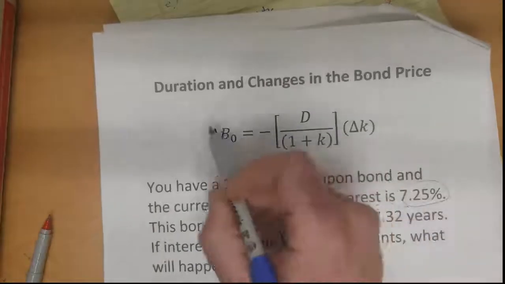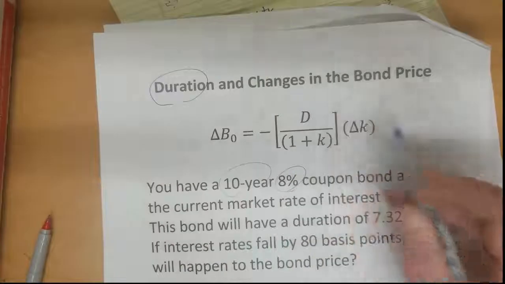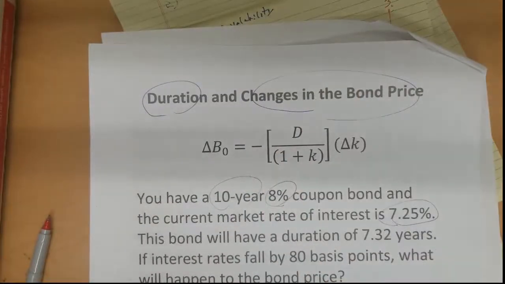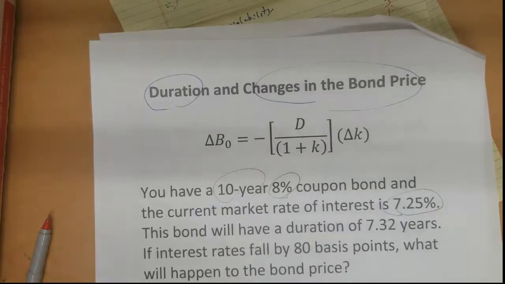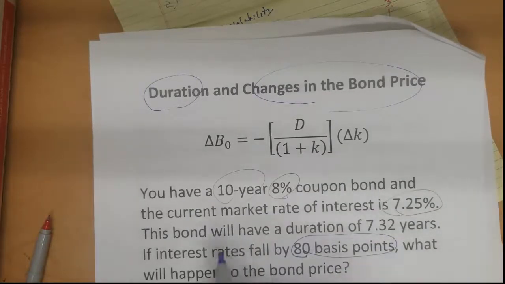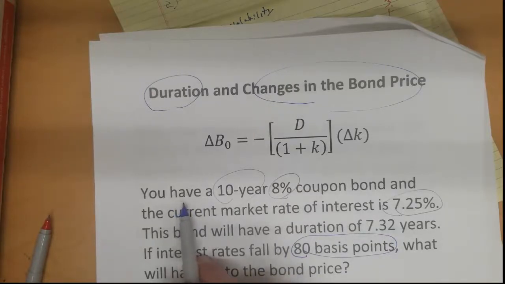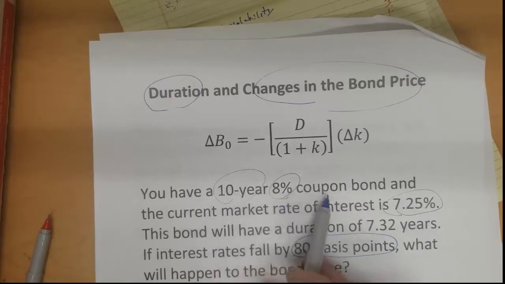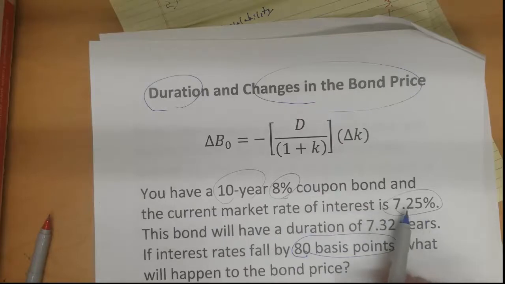You guys, I just want to touch a little more on duration and changes in the bond price. I wanted to go through this problem real quick, and I'm going to post this online. You have a 10-year 8% coupon bond, and the current market rate of interest is 7.25%.